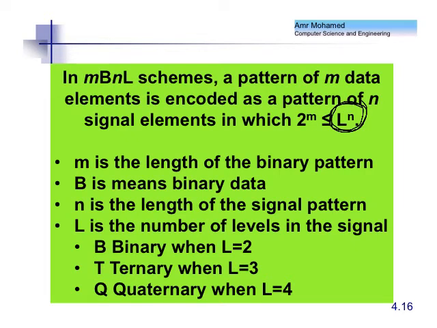If I use 2 signal elements, this can drop to half, because I have 2 signal levels. And if I have 3 signal levels, then 3 to the power 2 is 9. So 3 to the power 2 is 9, and I need 8, so that's fine.